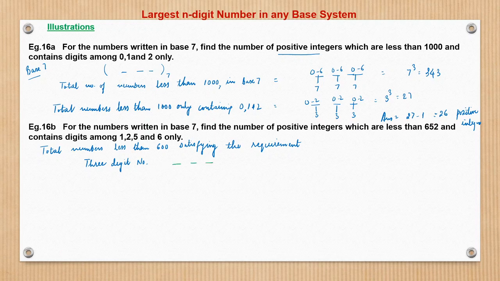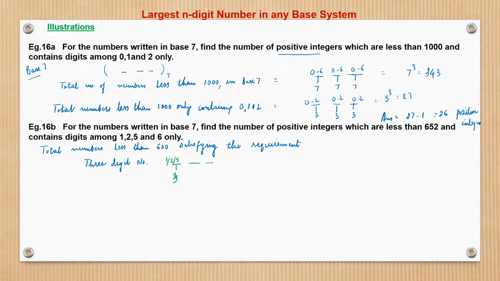Here we can have 1, 2, 5, 6, so 4 cases possible. No, sorry, we are checking for less than 600, so it will not be 6. It will be 1, 2, 5, so 3 cases.